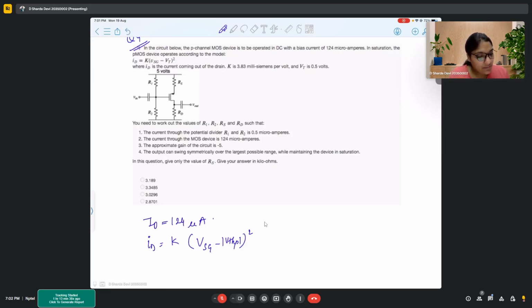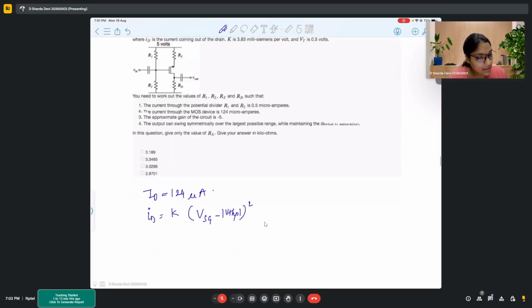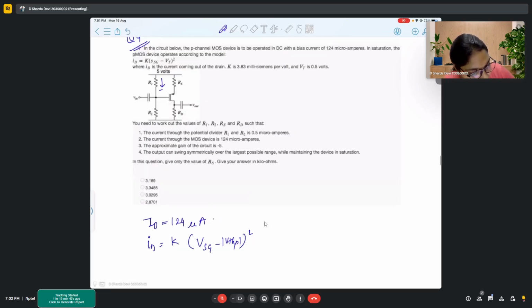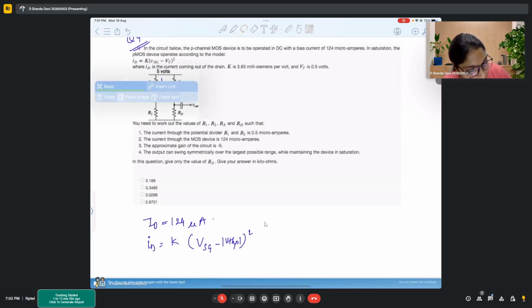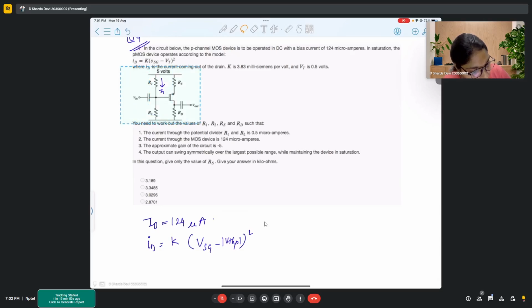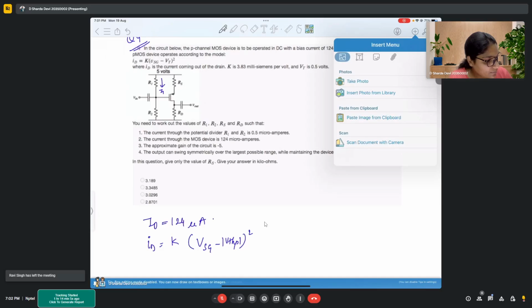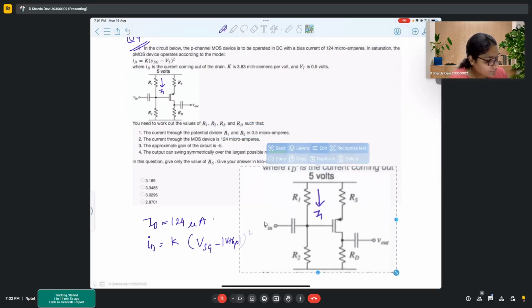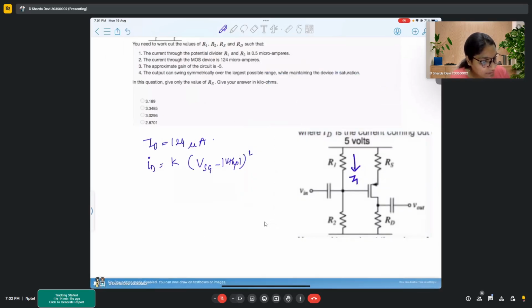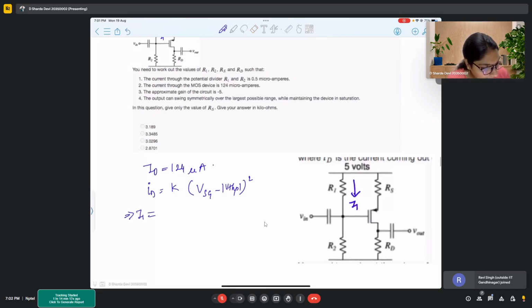Now you need to work out the values of R1, R2, RS and RD such that the current through R1 and R2, let's say I call this I1, is 0.5 microamperes.